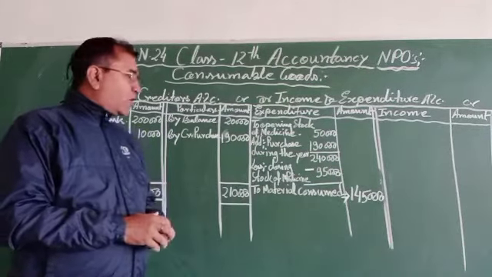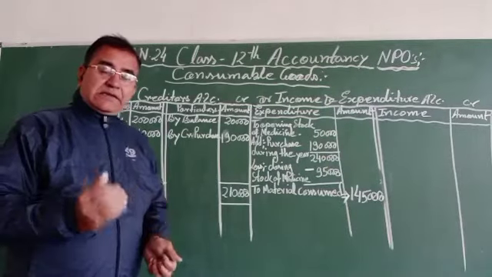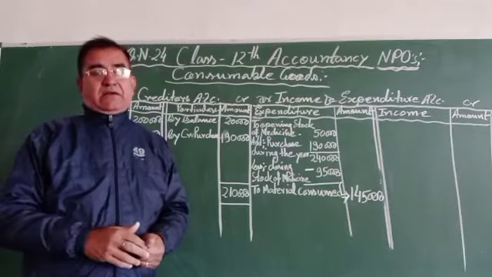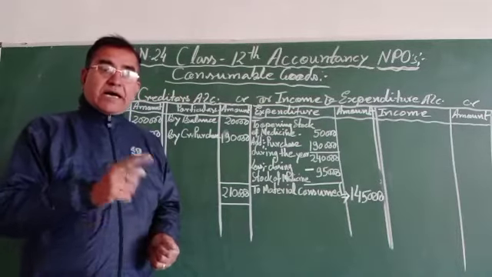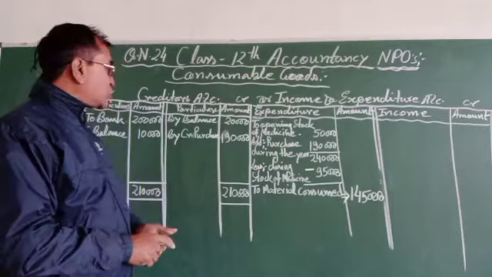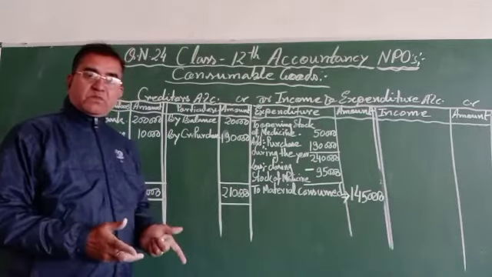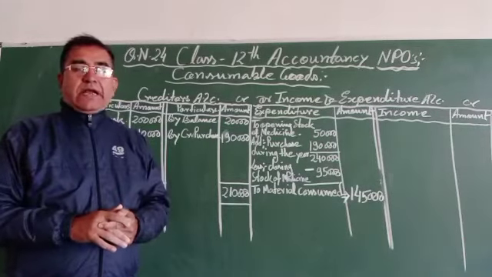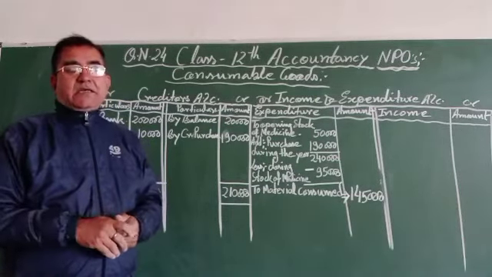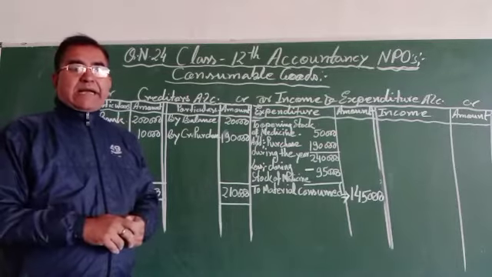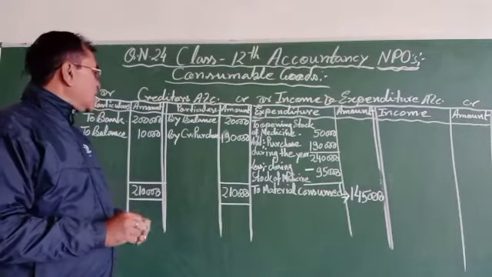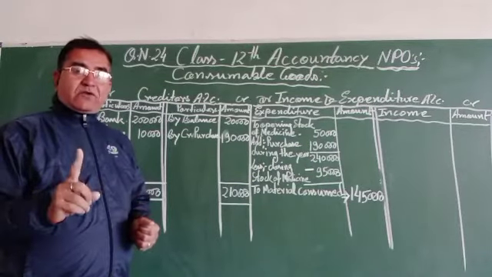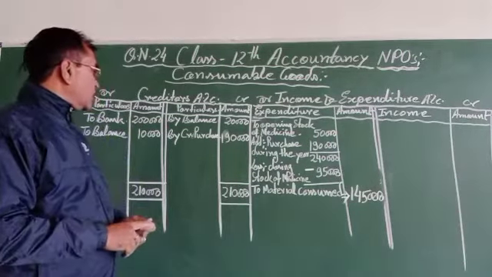Then after, whatever payment was made during the year to the creditors, that is 2 lakhs. Rupees 2 lakh has been paid to the creditors during the year, and the opening balance of the creditors is given as 20,000.